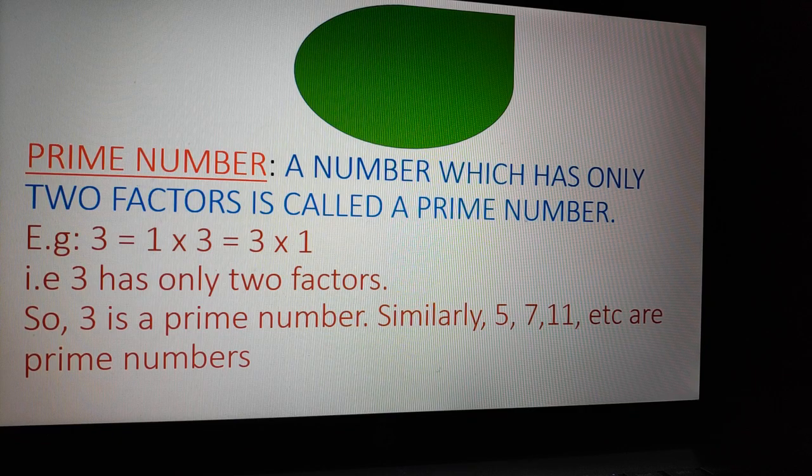It means that 3 has only 2 factors, so we can say that it is a prime number. Similarly, 5, 7, 11, they are also prime numbers. 13 is also a prime number like this.